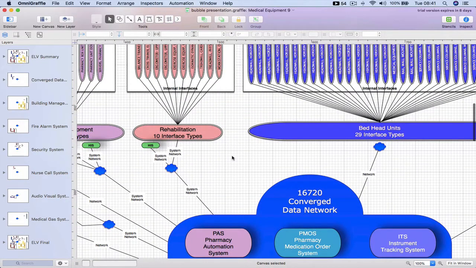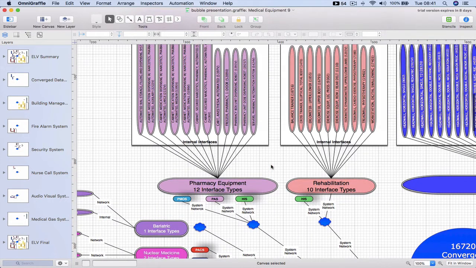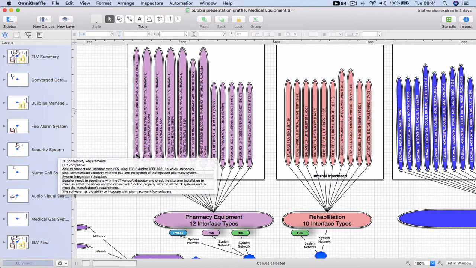is, if we look at your pharmacy interface, it's a little bit hard to read, but basically they had an automated pharmacy system. So here, if you mouse over, you can see the exact requirements of that interface. And in this case, it just said IT connectivity requirements. It didn't tell you what they were.